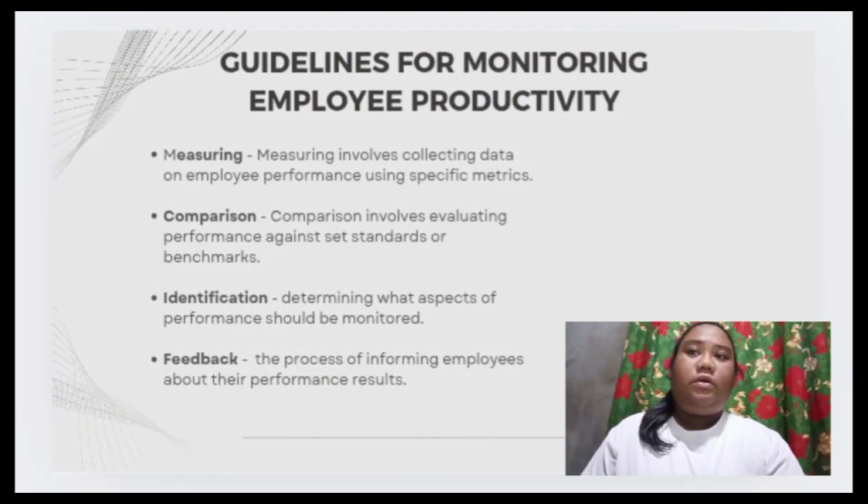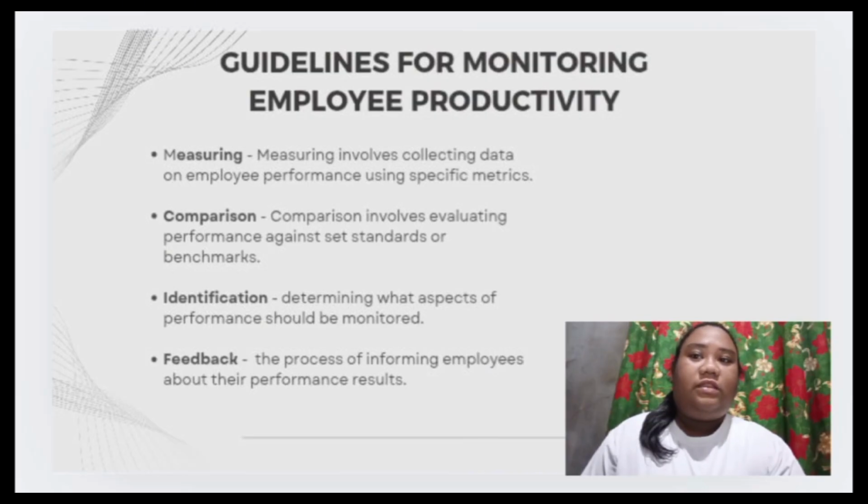Guidelines for monitoring employee productivity involve four main steps. First is measuring, which means collecting information or data about how well employees are performing using specific metrics like speed, accuracy, or output. Next is comparison, where the collected data is evaluated against targets, standards, or benchmarks to see if performance is good or needs improvement.